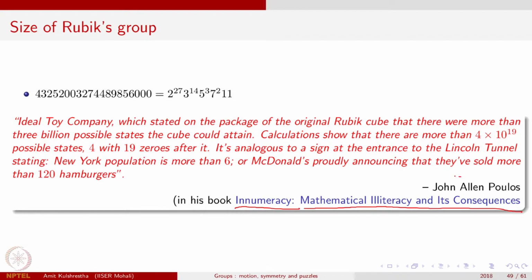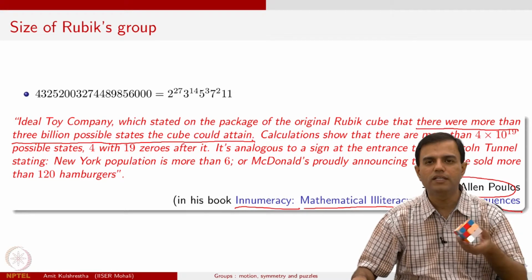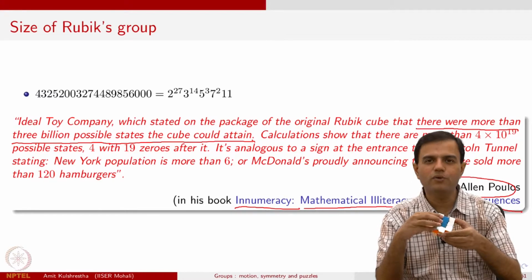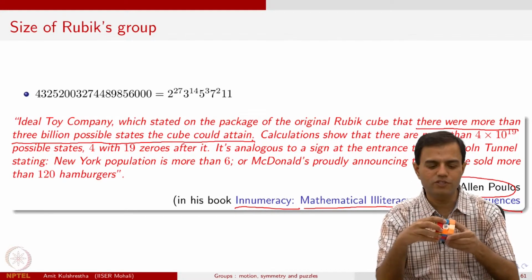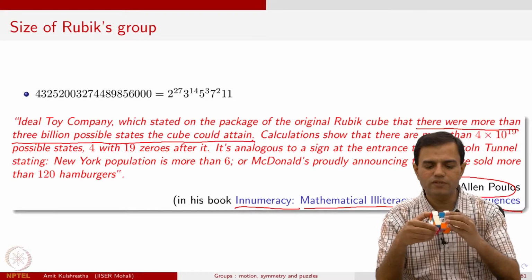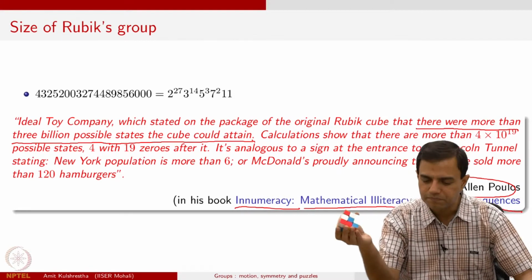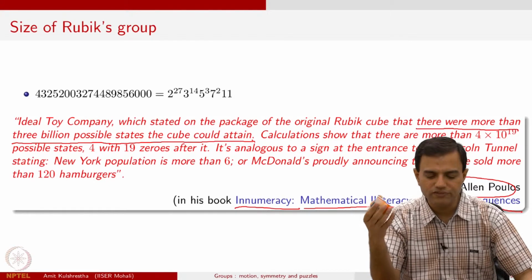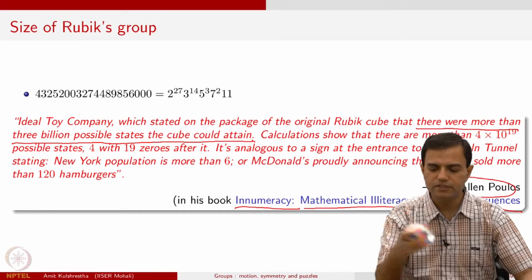It's quite an interesting book by John Allen Paulos, and it quotes, in the beginning days when the Rubik's Cube was made, this toy company claimed that there were more than 3 billion possible states that the Rubik's Cube could attain. They claimed in the beginning that there are around 3 billion different states. So this is one state, that is one state, that's one state, exactly one of the states is the solved state.